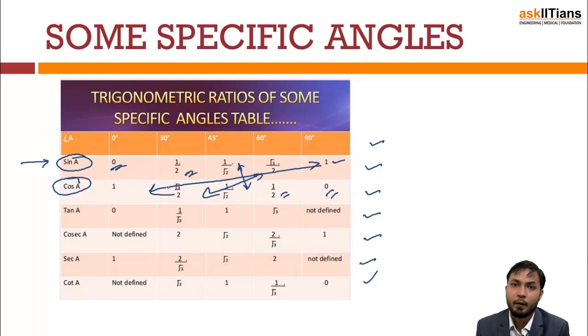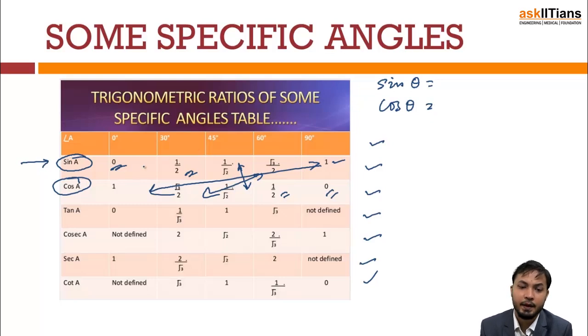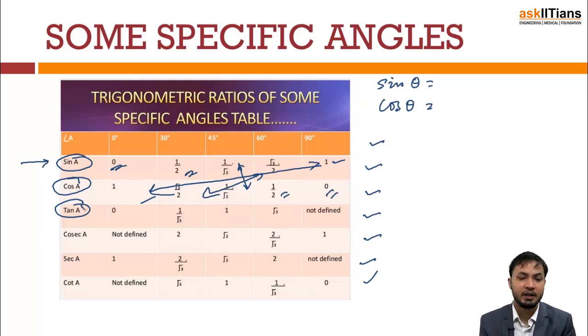So basically, if I know all the values of sine theta, I can get all the values of cos theta also, right? We just need to swap it in a zigzag form, right? And obviously I can calculate tan based on that. Tan theta is sin theta by cos theta. And cosec, sec and cot we know how to define. So the ultimate point is, if you know the value of sin theta, you can calculate the value of any other trigonometric ratio. Okay. So with this part, we come to the end of part 2.